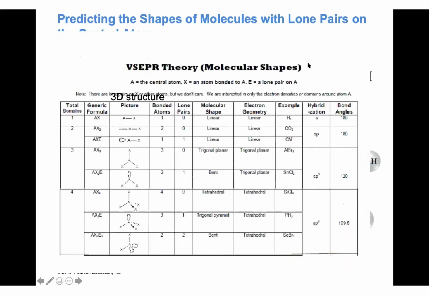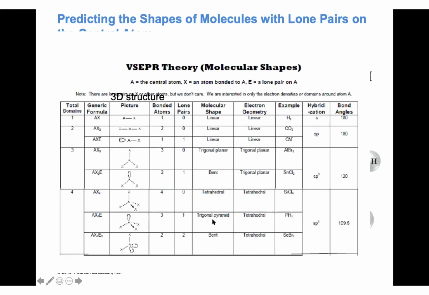And let's go to the table. We find AX3E, and all of this row belongs to AX3E. So it has 3 bonds around it. It has one lone pair.